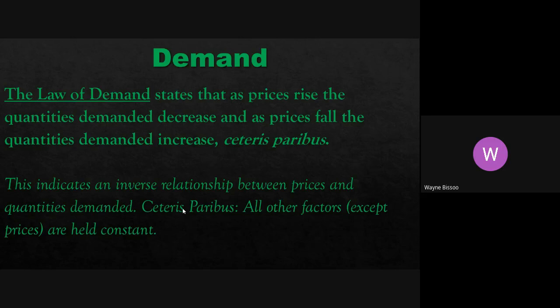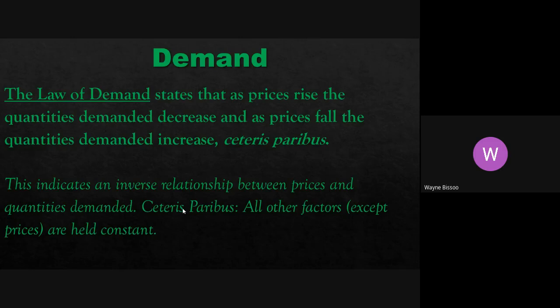So the general law, which has been tested many times, is that when prices rise, the quantities demanded will fall or decrease, and when prices fall, the quantities demanded will increase, meaning that ceteris paribus, all other conditions that can affect your demand are held constant. Things like your income, taste, and preference, and we'll see what those things are in a little bit.